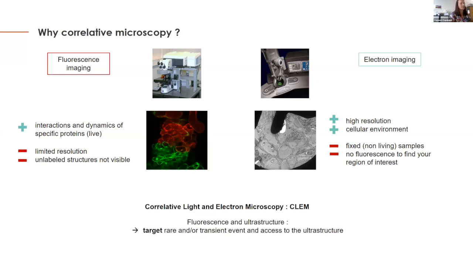So correlative light and electron microscopy, CLEM, consists in combining on the same sample an observation of the fluorescence and of the ultrastructure. That way we can find back our region of interest, in our case, the graft interface. And more generally, you can use correlative microscopy for targeting events that can be rare or transient, for example.